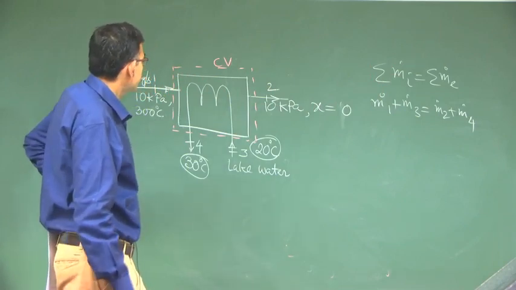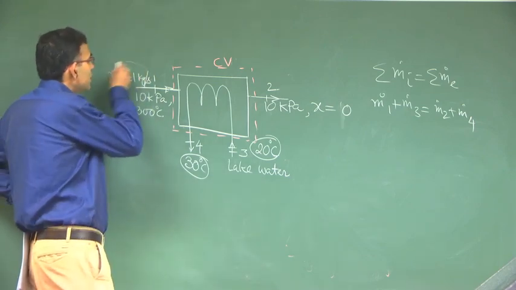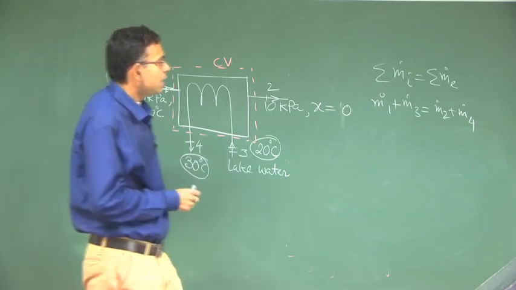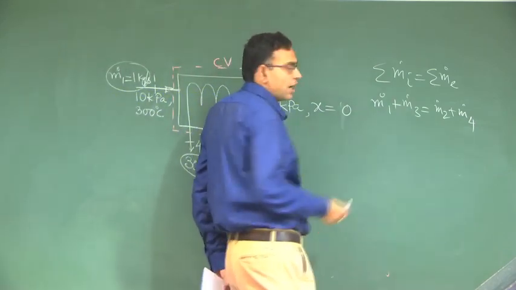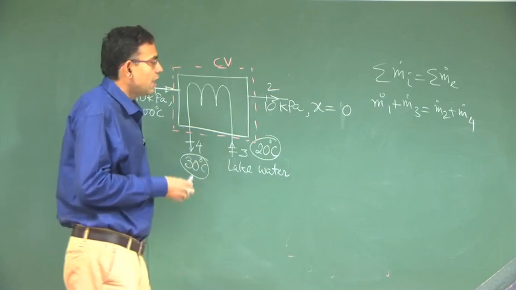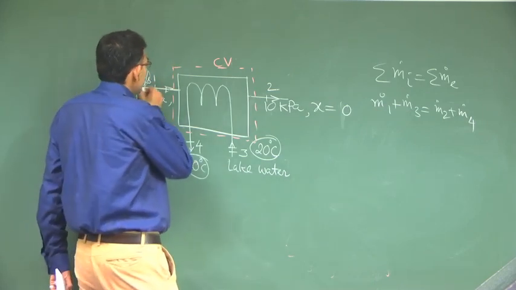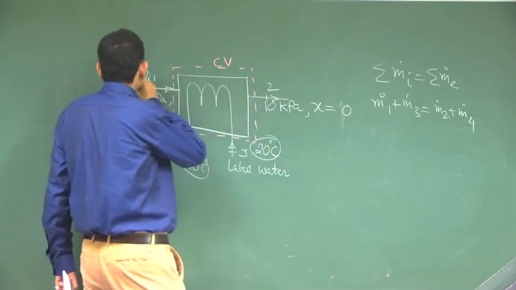Out of these, only this is known. You might be in a dilemma that there are so many unknowns, but from the physical description of the problem, this is the steam line. So, what is m dot 1?